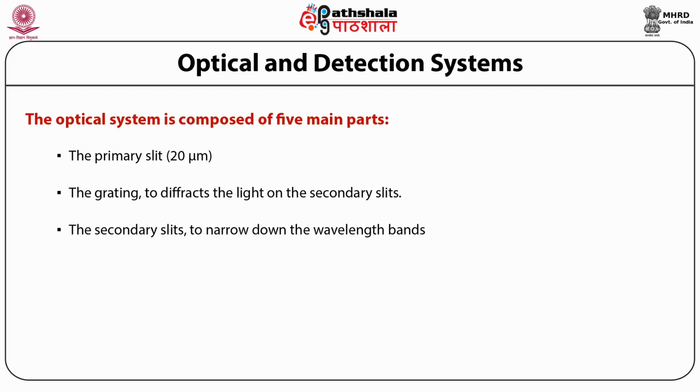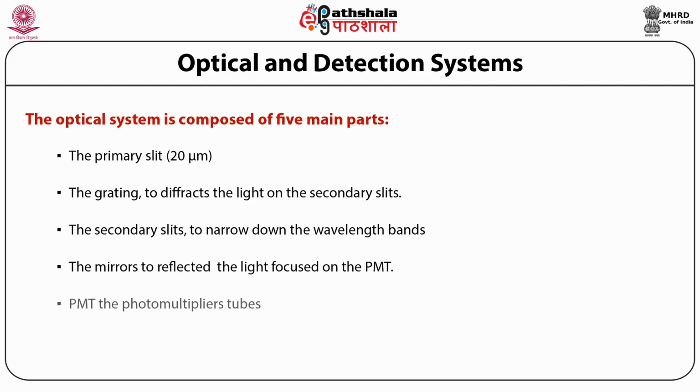That means the secondary slit actually helps in selecting the wavelength of interest. Then fourth is the mirror that reflects the light focused to the photomultiplier tube, or you can say the detector. And fifth is the photomultiplier tube. The primary lens which is used is made of calcium fluoride.